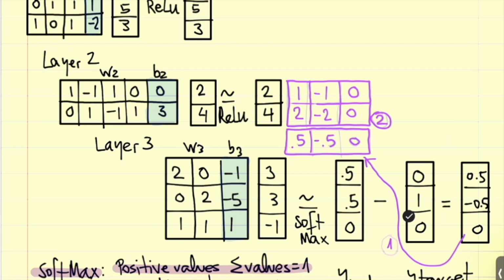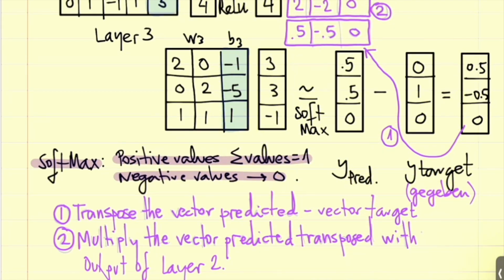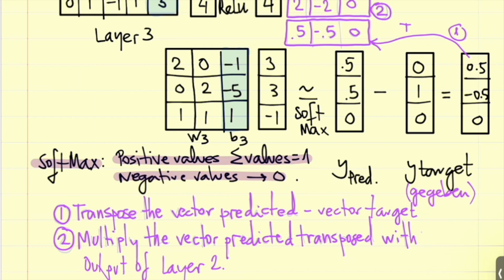The second step is to multiply this with W3 to get the updated weights for the next layer. Here we transpose, as I said. The third step is to calculate the new weighted error that we will get into layer 2 again.